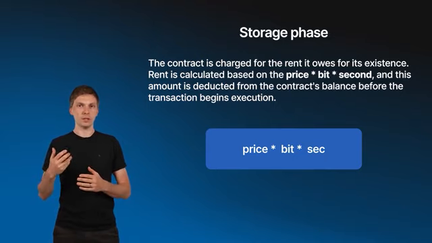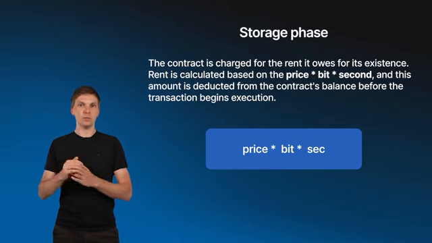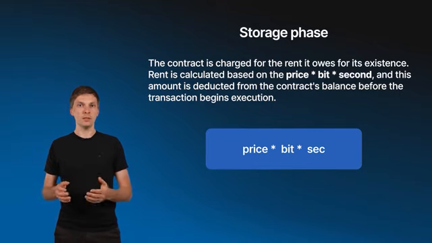Before the transaction begins execution, this is when the blockchain withholds from the balance of the contract the necessary amount of rent. If at this point the contract runs out of money, then the rest of the execution aborts and the contract is frozen.